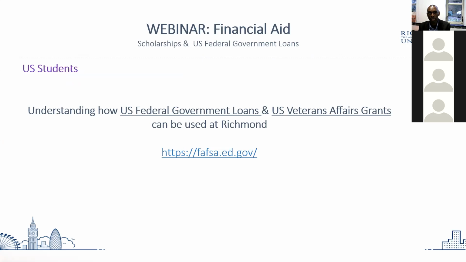Just submitting a FAFSA application is not a commitment to a loan, or a commitment that you want to receive funding from the US government. In order to fully commit yourself, you have to go a step further after receiving our loan award letter. For example, you have to go to studentloans.gov and sign the master promissory note.